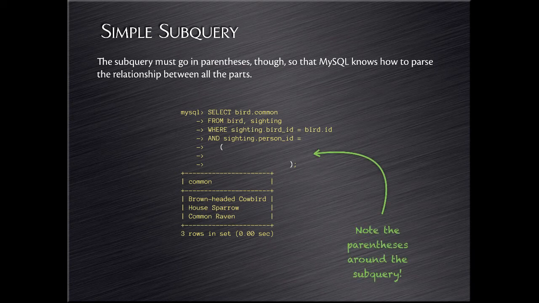Now, the one thing you'll notice immediately is that I've got parentheses down here, and those are really, really crucial. I must put parentheses around my subquery. Otherwise, MySQL can't figure out the relationship between this query, my subquery, and the one in yellow here, which I'm going to call the main query. So I always need to have those parentheses there.